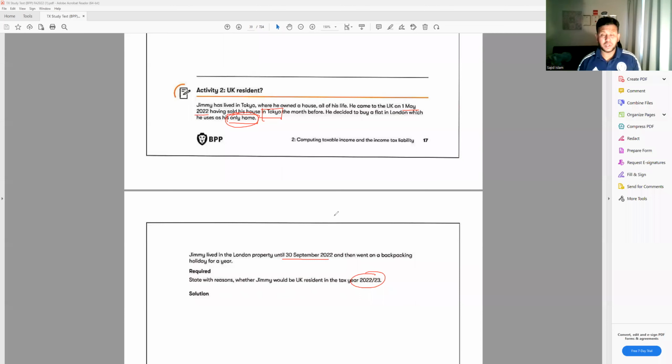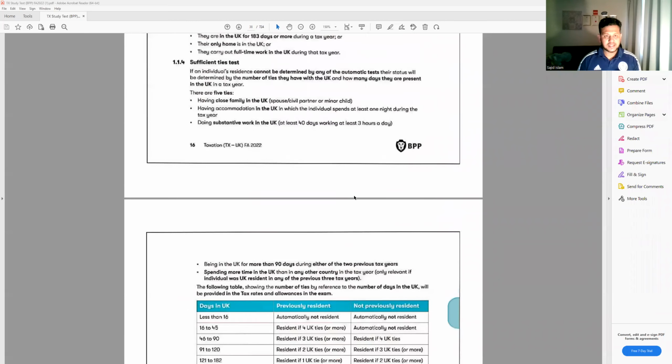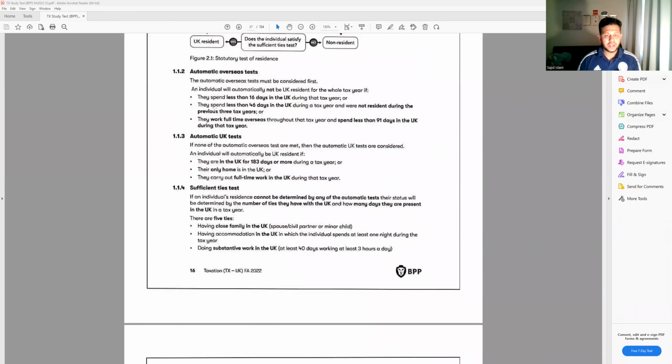So as we remember, the first thing we'll do, we'll check the automatic overseas test. So let's have a look. If you remember, the automatic overseas test was saying if someone spends less than 46 days.